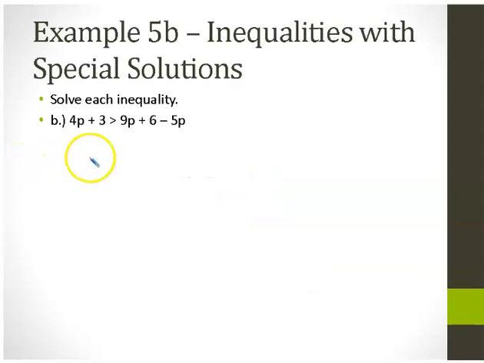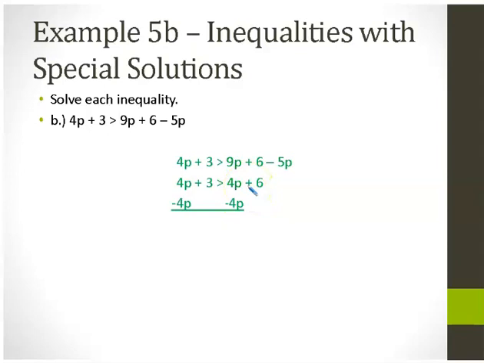Let's try another one. Now I know on this one I'm going to have to combine like terms first to simplify one side. So I'll go ahead and do that. I'll put them together in the same bucket, and I end up with 4p. So 9p and a minus 5p, we get 4p.